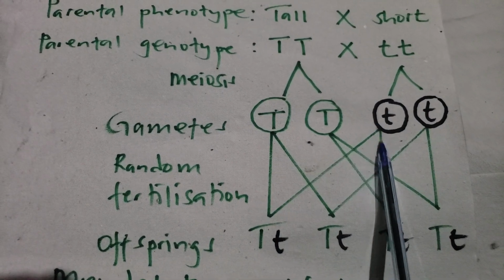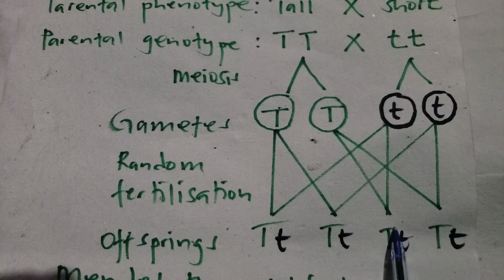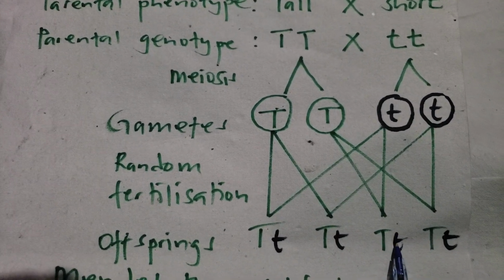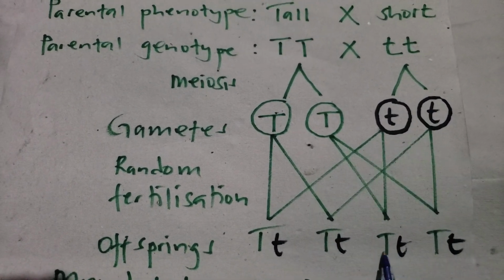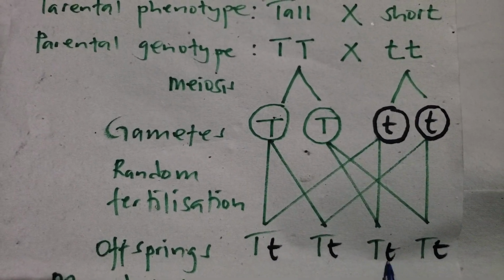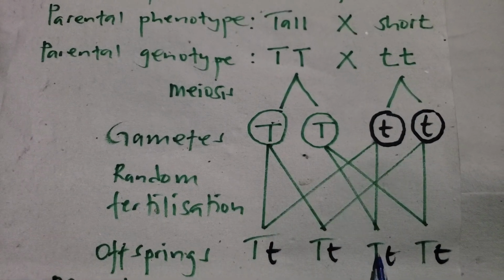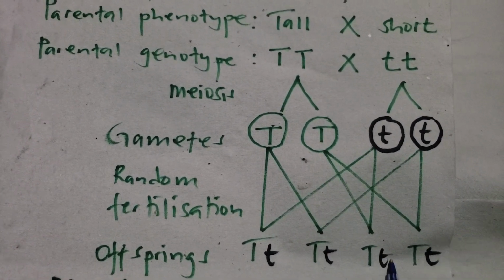But here people find problems, most especially the learners. You cannot begin with the small t here. You always begin with the capital T because this T is dominant over this small t. It has more power of expression than this. That's why we always begin with the capital T, small what? Small t.